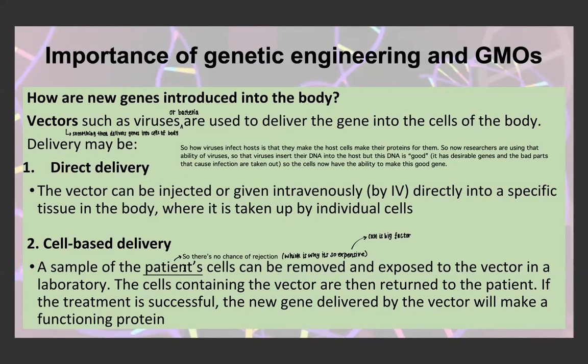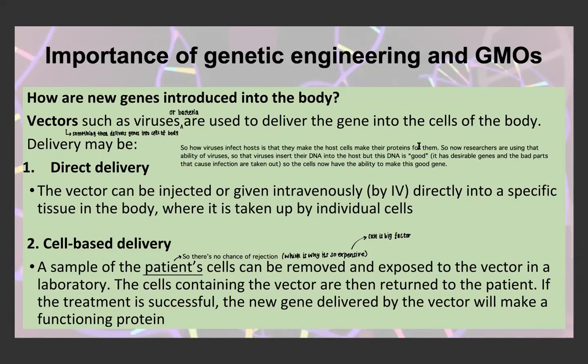You use the patient's actual cells to put in the vector rather than a random number of cells, because if it was just random cells, not the actual patient's cells, there could be a risk of rejection. So what viruses do to infect hosts is that they make their host cells make their protein for them. They actually put their DNA into the host cell's DNA.